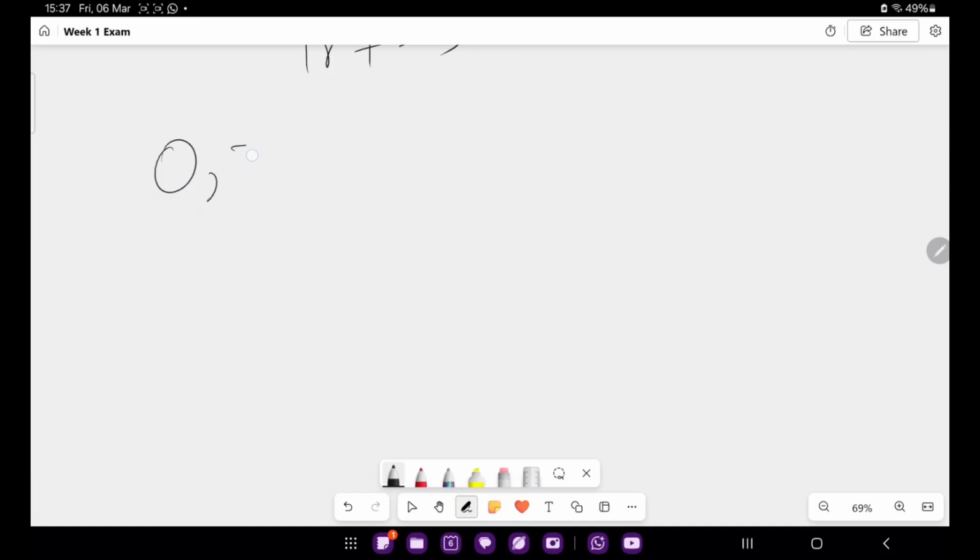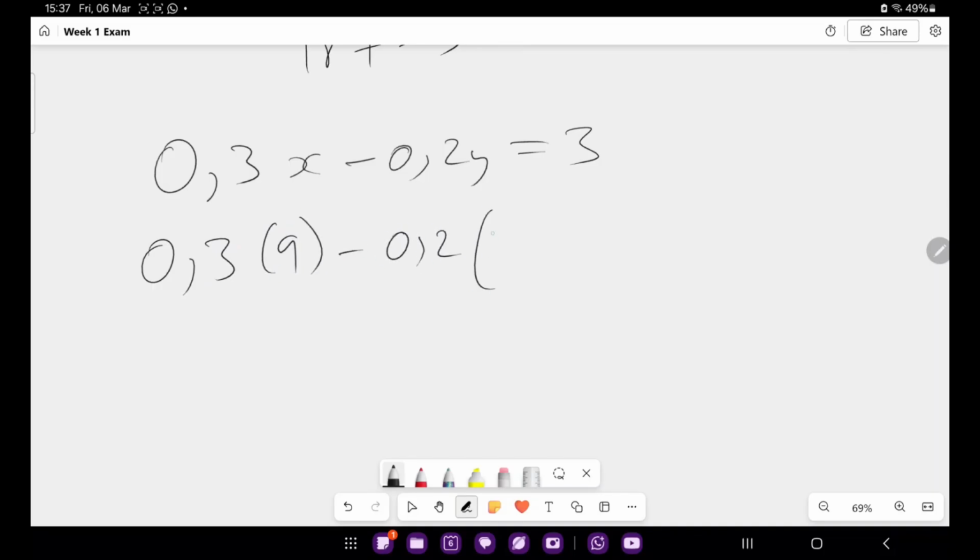So 0.3x minus 0.2y is equal to 3. Same thing, 0.3 times 9 minus 0.2 times minus 3 over 2.